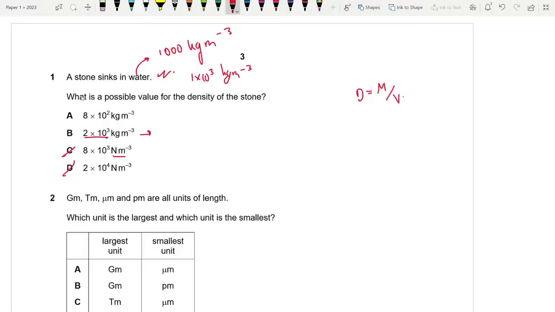What does this equate to? This is actually 2000 kilogram per meter cube. And what about this? This is actually 800 kilogram per meter cube. So the stone with density A would not sink into the water because it is less dense. So the answer has to be B, because 2000 is more dense than water, which is 1000 kilogram per meter cube, the density of water, I mean.